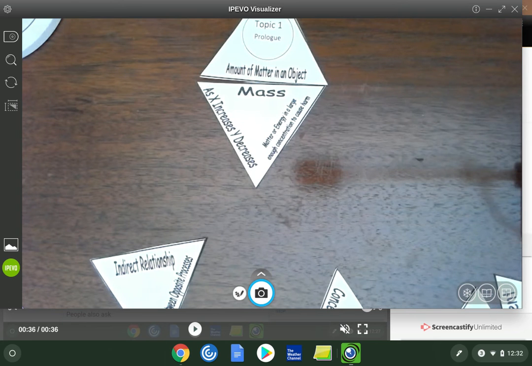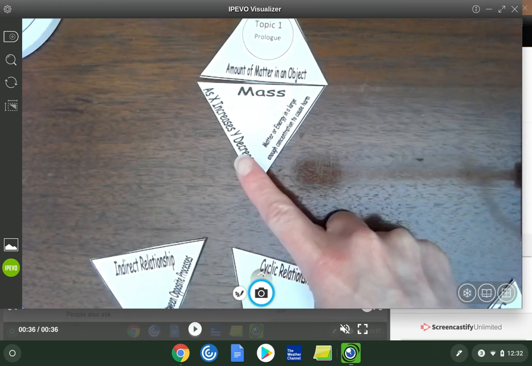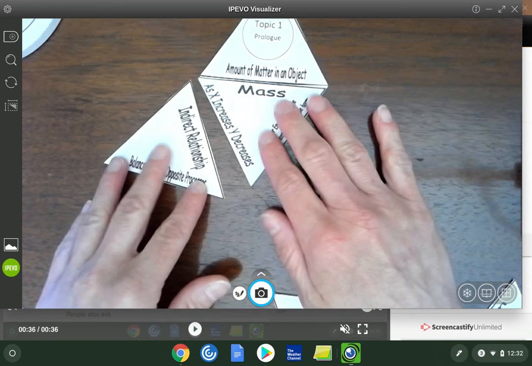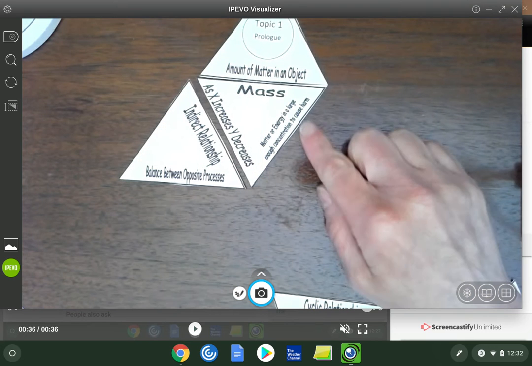I saw cyclic relationship around here somewhere. There was one that says constant relationship, and constant relationship is another way to talk about a direct relationship. But if one is increasing and the other is decreasing, that's our indirect relationship.